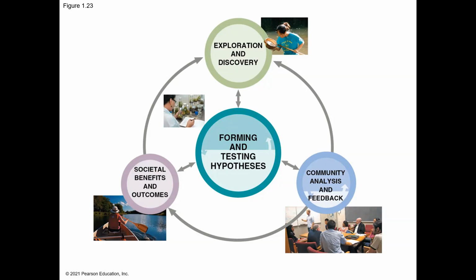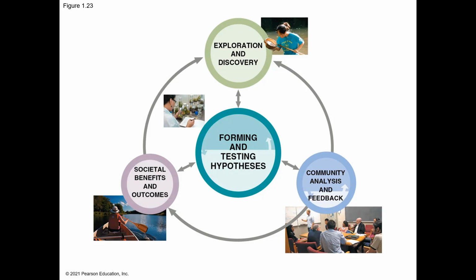It can be from societal benefits and outcomes. The need to, for example, clean the environment, the need to create new drugs to solve some sort of health problem. Those are for societal benefits. And so the need for betterment of society can lead to scientific discovery.